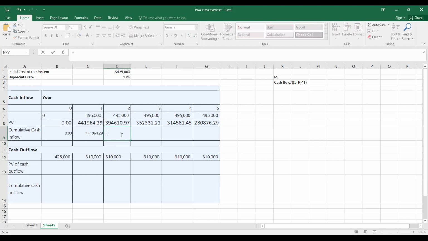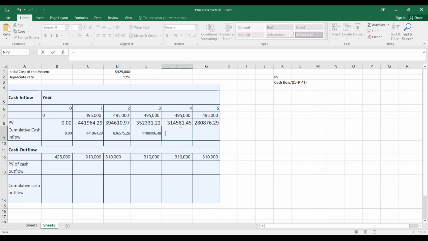Likewise, next is your cumulative cash inflow for year 2. So cumulative cash inflow for year 1 plus your present value. Again, for year 3, the formula is cumulative cash inflow for year 2 plus present value for year 3.